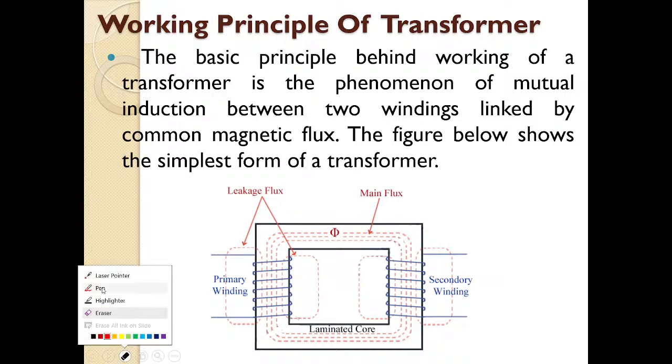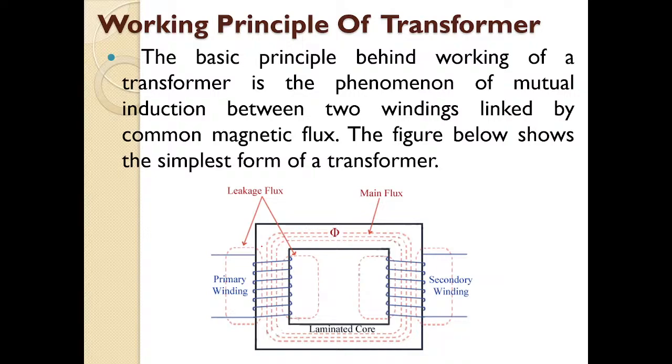We know resistance. Resistance is the property of the material which opposes the flow of current. Similarly, reluctance opposes the flux. Reluctance is the property of the material which opposes the flux.